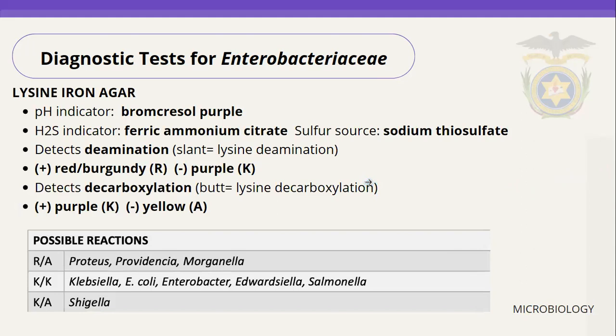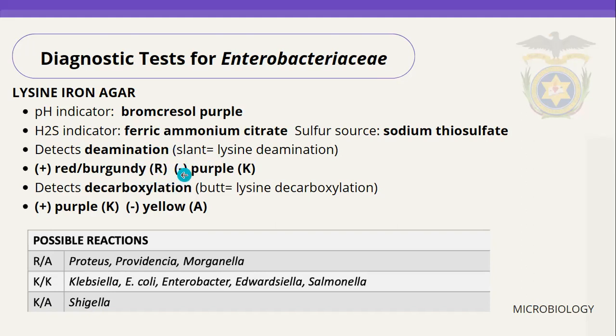So for our next test, we have the lysine iron agar test, or the LIA, and the pH indicator here is bromcresol purple. Our H2S indicator is ferric ammonium citrate, and our sulfur source is sodium thiosulfate. The lysine iron agar detects deamination, which can be seen in the slant, and the positive color here is red or burgundy, and we use the letter R for it.